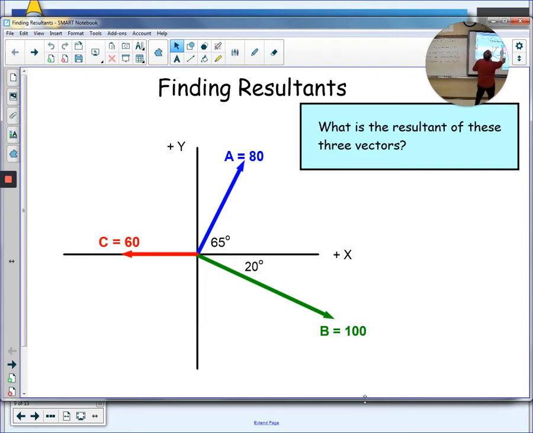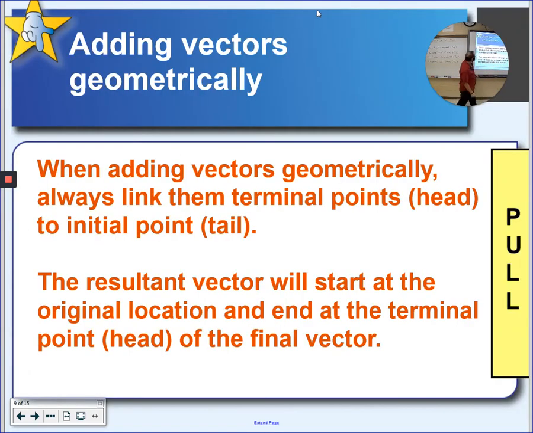There are 2 ways to do this. Whenever we do them geometrically, we're going to link them all together, head to tail, head to tail, head to tail. Let me show you what that looks like.